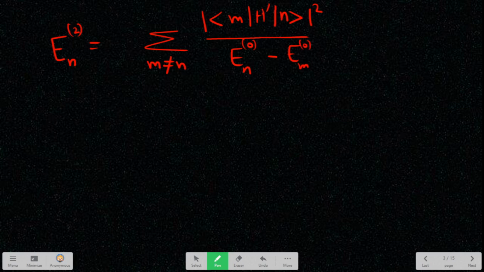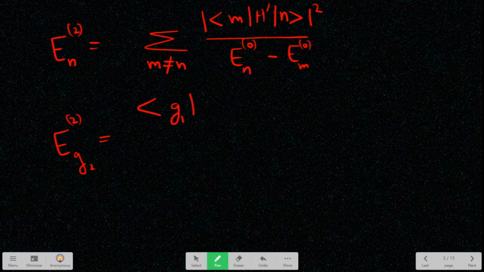So in this case, we have to find E2 with respect to G2. Since there are only two states, G1 and G2, and G1 cannot be equal to G2, there is no need of summation.